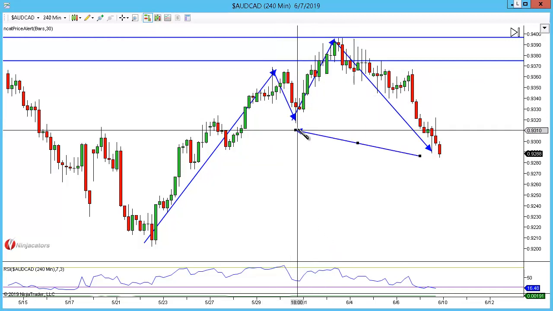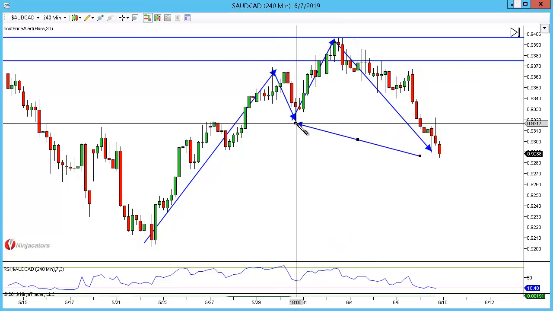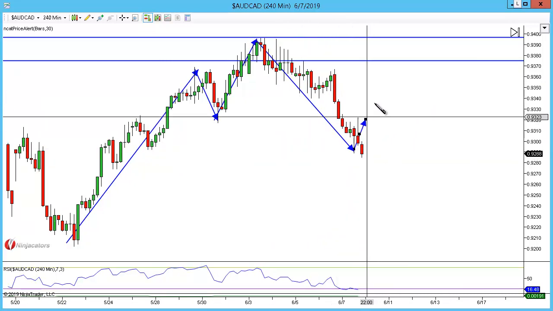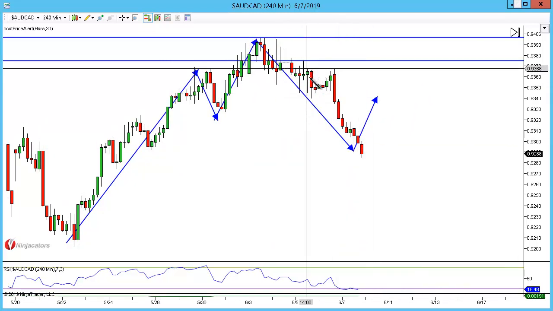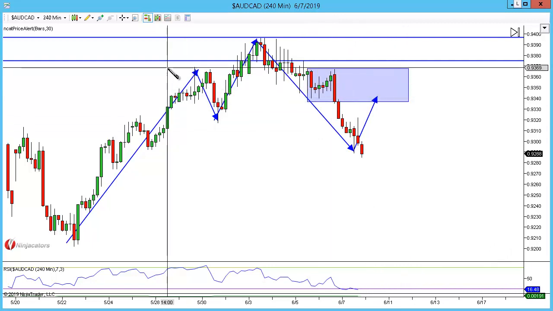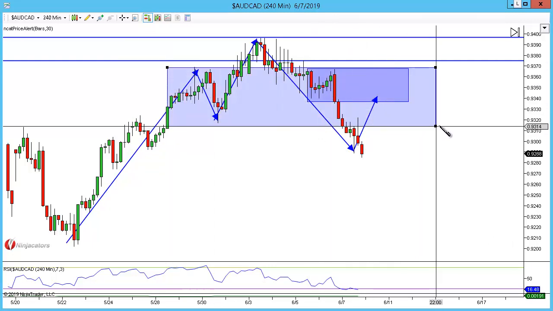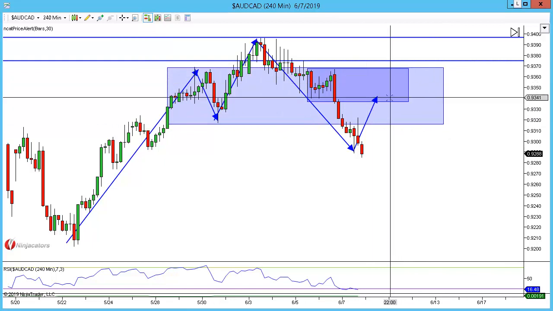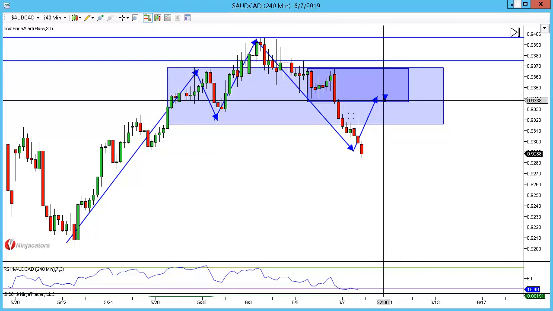And I said last week this is what I was waiting for, to see if we would violate this. I'm now going to be looking for a pullback. Pay attention to the structure area, but the main one is the outside return just here. Look for an opportunity here to get short.